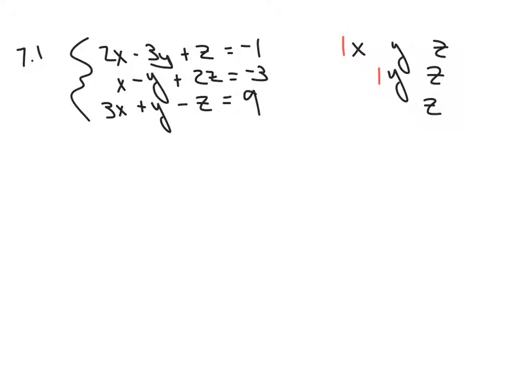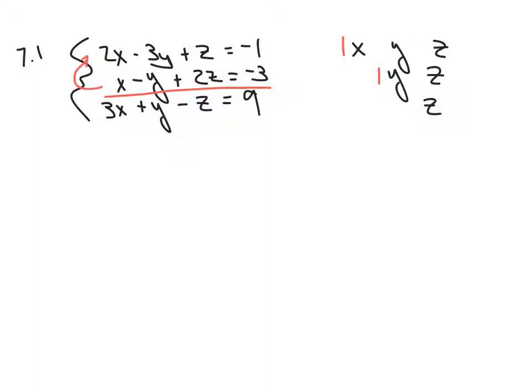So if you want to, or find that it's the easiest, which I do, we're going to switch this one up with this one, because when we do that, this one already has a 1 there and we don't have to do anything to it, okay? If this is not a 1, or none of these are 1s, and we've got to make this one a 1, we multiply the entire thing by 1/2, because 1/2 times 2 would make that a 1. Now we've got a bunch of stinking fractions here, but at least that's a 1. Okay, so that not being the case, we're just going to switch those around.